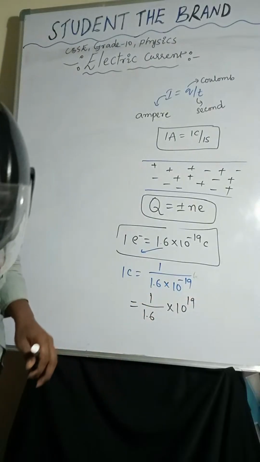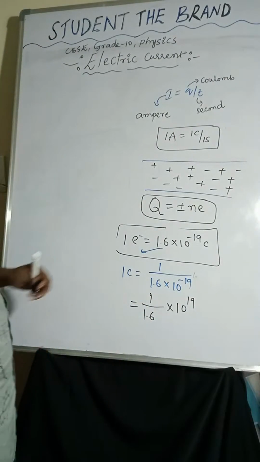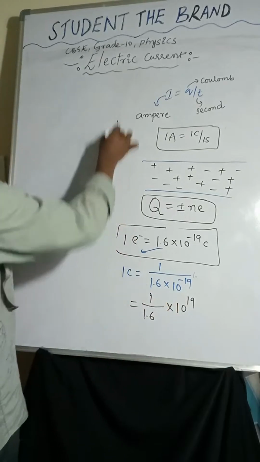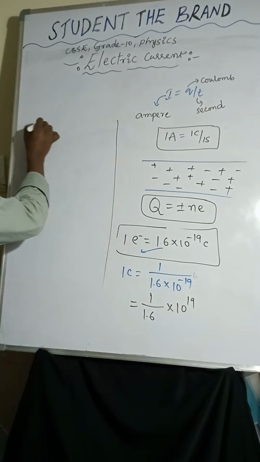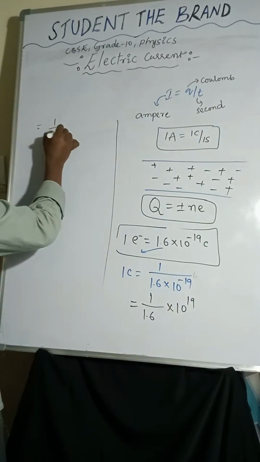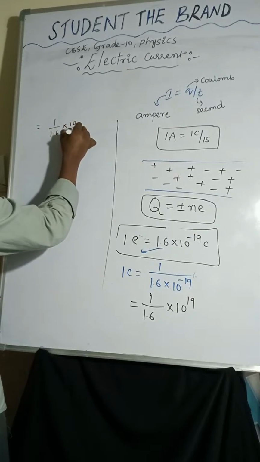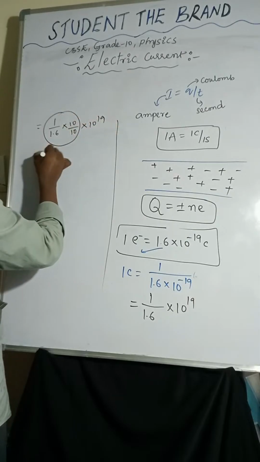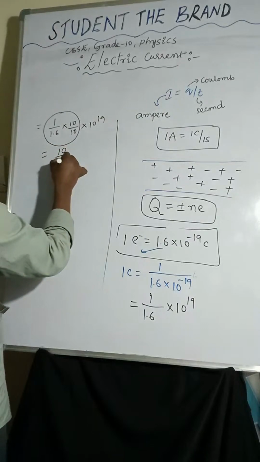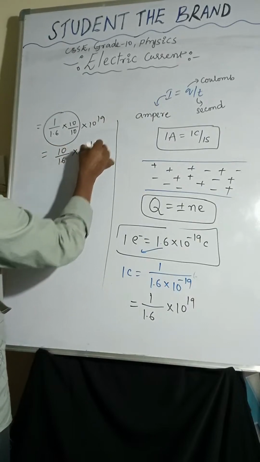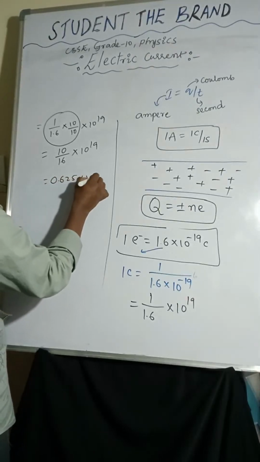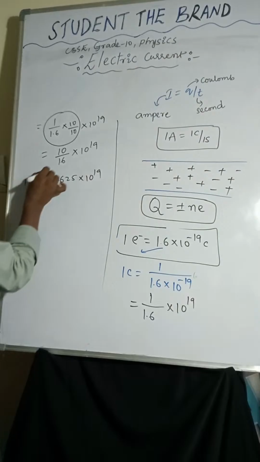If you solve, how much will you get? 1 by 1.6 into 10 by 10 into 10 power 19. That is 10 by 16 into 10 power 19. If you solve it, you get 0.625 into 10 power 19. That is in 1 coulomb.